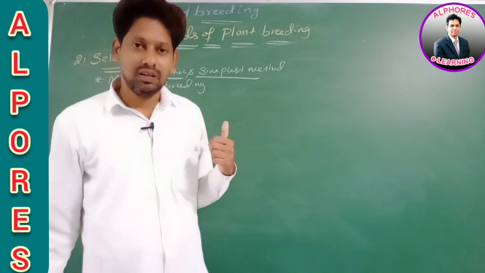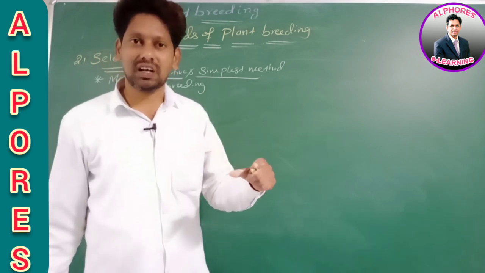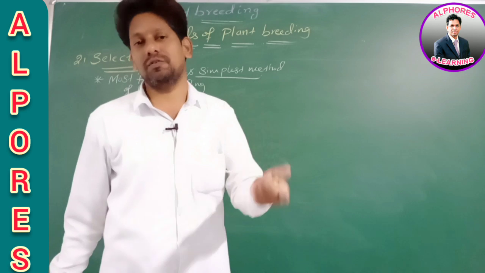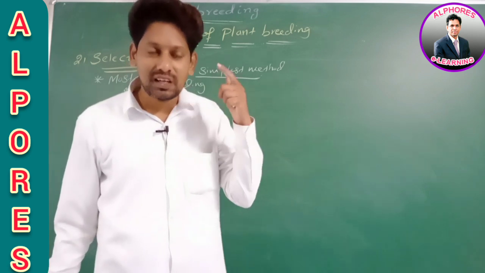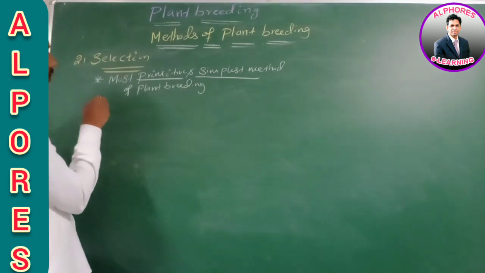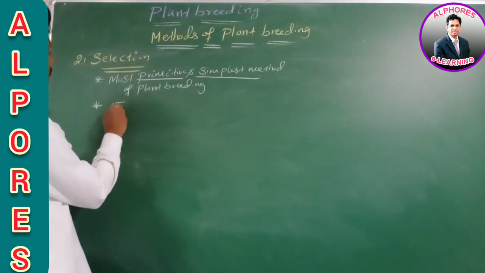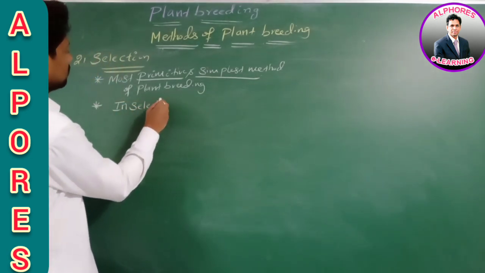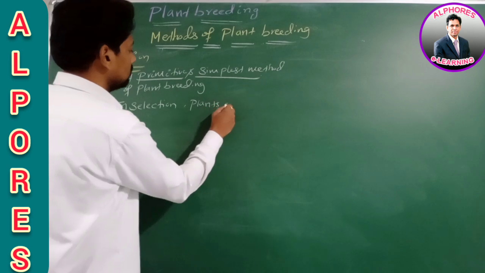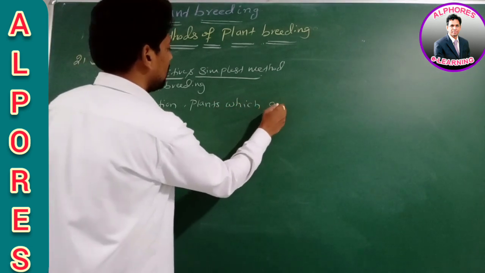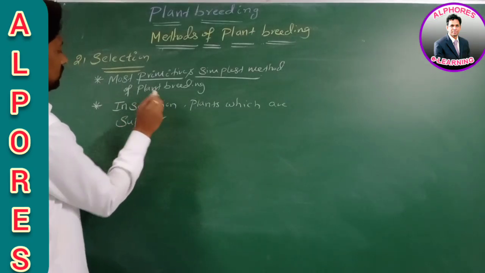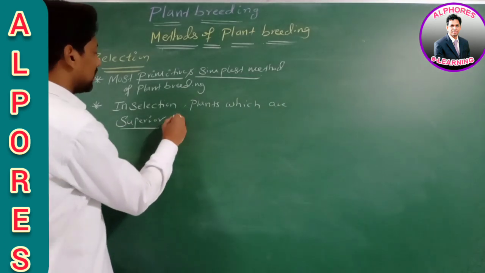Similarly, the plants which appear externally superior, such plants are selected from a mixed population of plants. By which method, sir? Selection. Is this statement okay? Right. Therefore, in selection, what are we doing, sir? In selection, plants which are superior phenotypically.